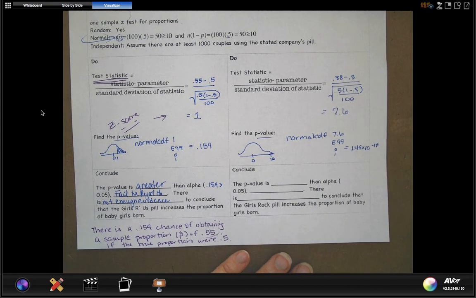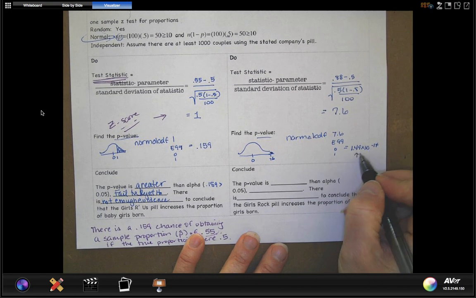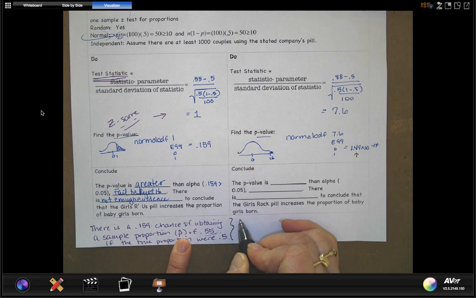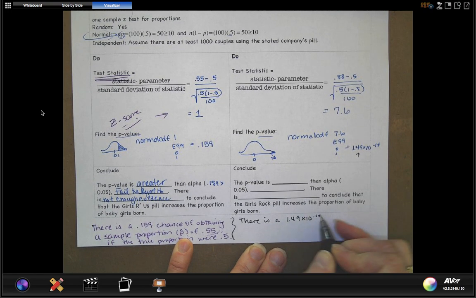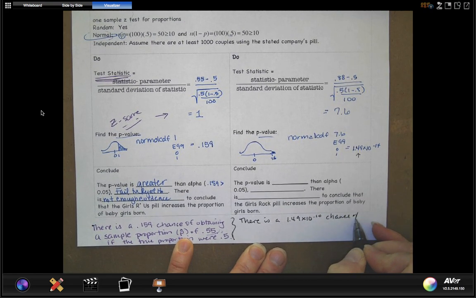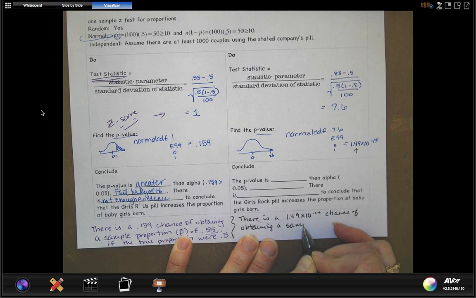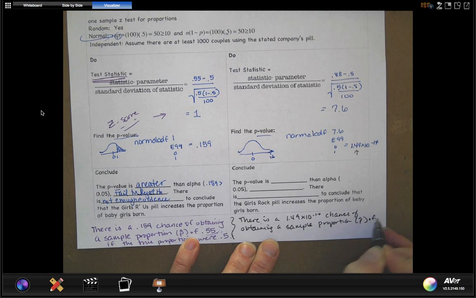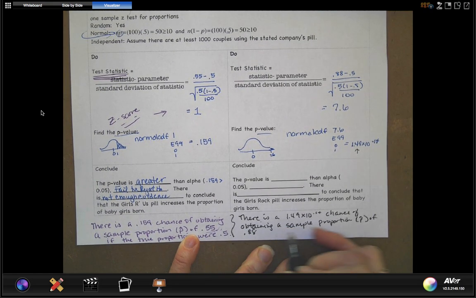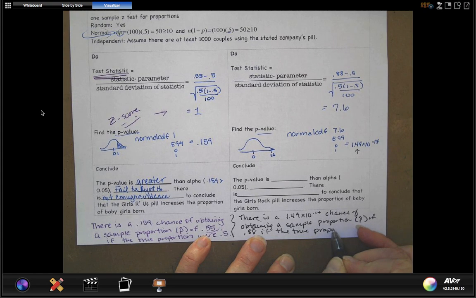So again, if we wrote it for this problem, we would be saying something like this. Again, we call this the p-value, which is the probability of getting that. So here I'd say there is a 1.49 times 10 to the negative 14th chance of obtaining a sample proportion of 0.88 if the true proportion were 0.5.